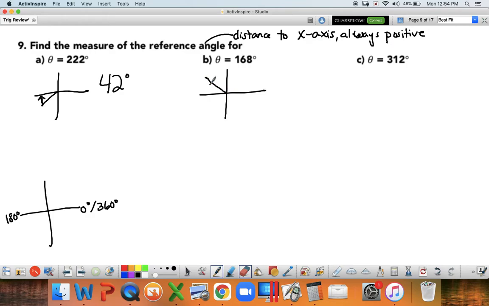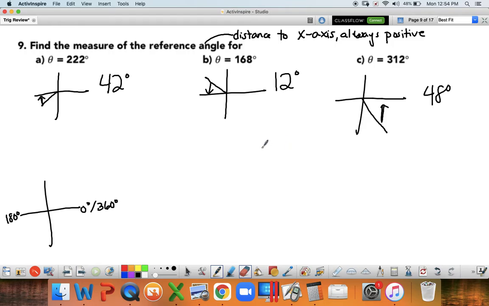I'm not that far away from 180 degrees. I'm just 12 degrees away. And then 312, I'm down here in quadrant 4, and I'm trying to get back up to the x-axis, but now I'm on the right side of our coordinate plane. So I'm thinking, how far away is 360 degrees? It's just 48 degrees away.